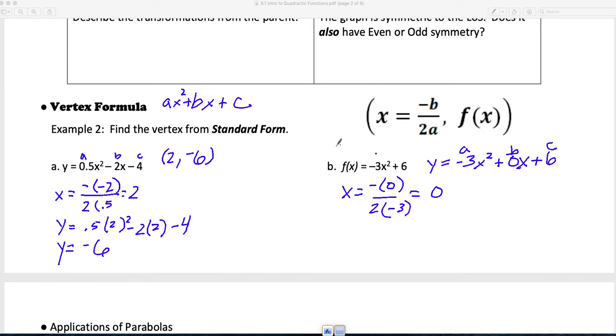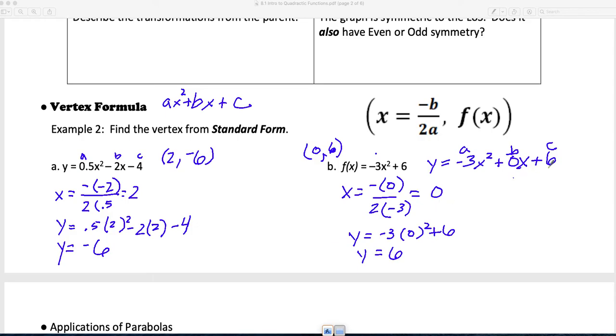So let's put this one right here. Right now we know that x is 0. And if I plug that 0 in, I've got y is equal to negative 3 times 0 squared plus 6. Well, 0 squared is 0. Negative 3 times 0 is 0. So this is going to give me a y of 6. So the vertex for this is 0, 6.